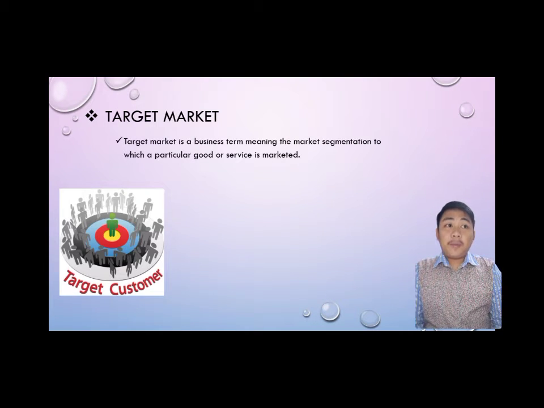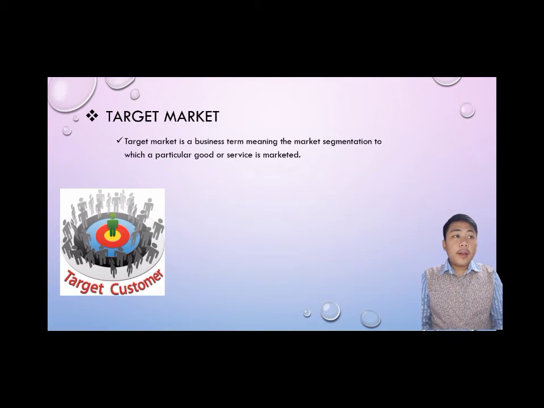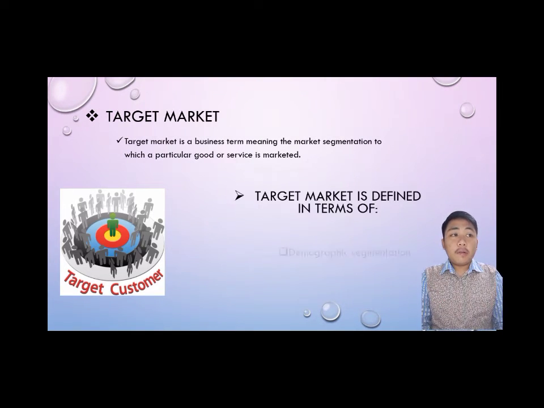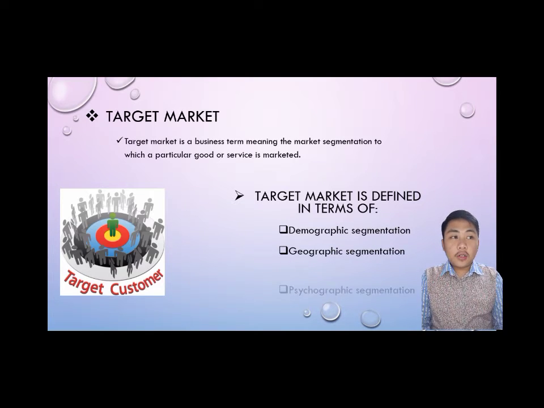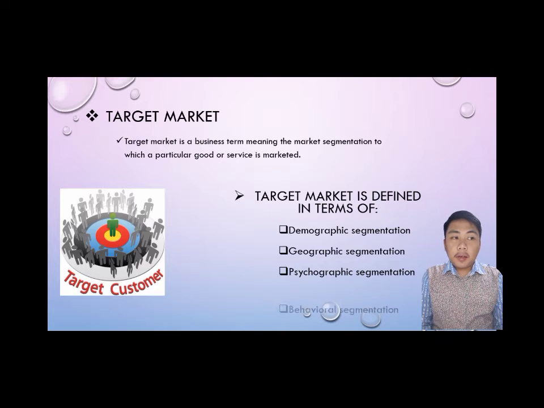It is mainly defined by age, gender, geographic and socioeconomic groupings, or any other combination of demographics. A target market is defined in terms of demographic segmentation, geographic segmentation, psychographic segmentation, and behavioral segmentation.